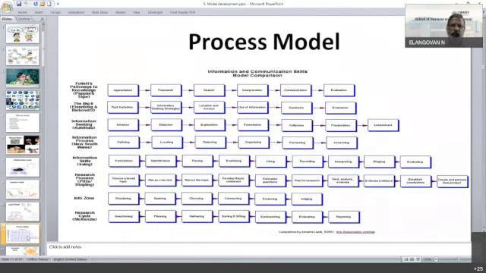Then there is another model used in many areas, from manufacturing to business process. It is called a process model. A process model shows how we move from one stage to another through a process.